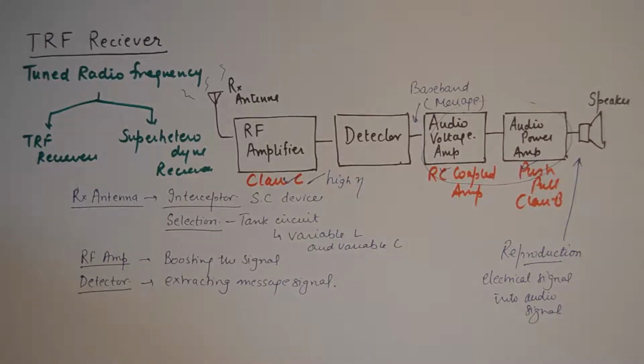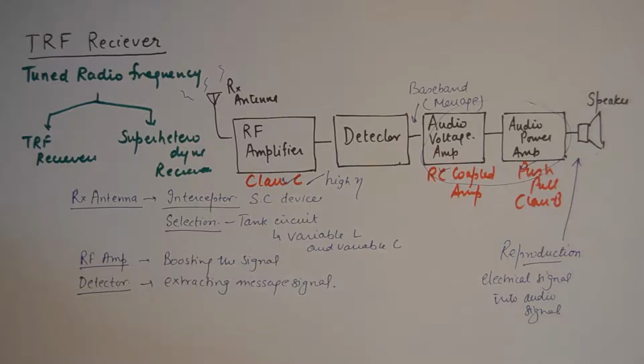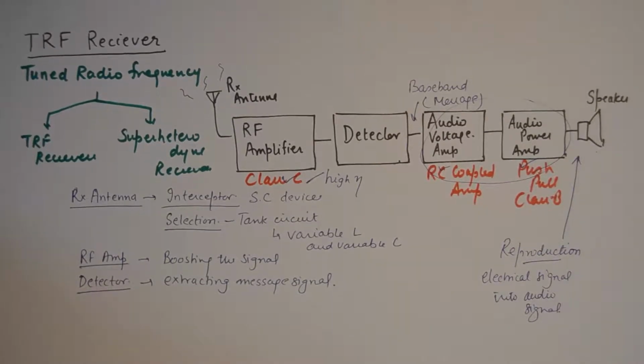Reproduction may be thought of as a process of converting an electrical signal into some physical, measurable quantity, which is the audio signal, what we are striving to receive in the TRF receiver, because it is primarily used for amplitude modulated waves to receive audio signals. That is how you need to define each and every block of the TRF receiver.